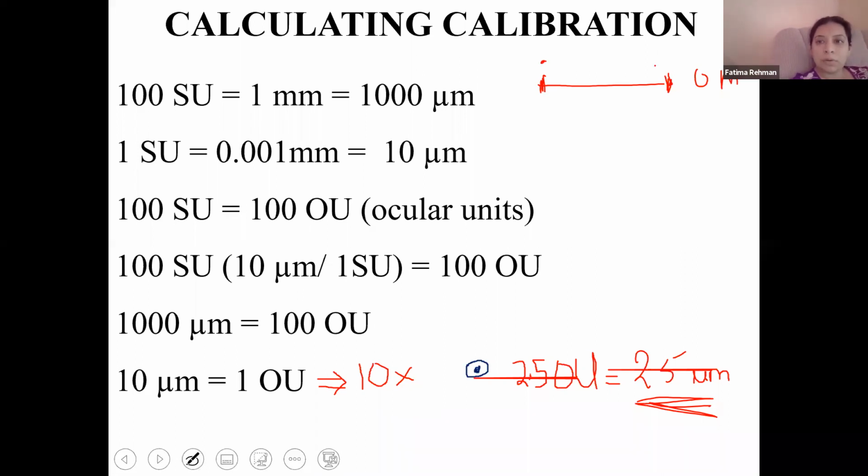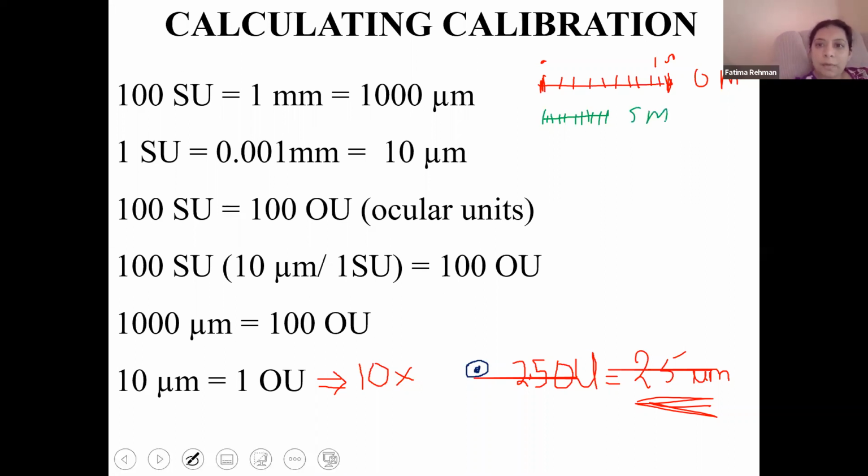So this is 0, this is 100. And here is my stage micrometer.